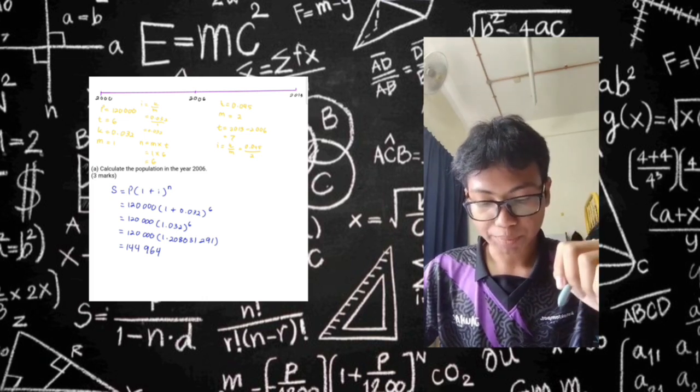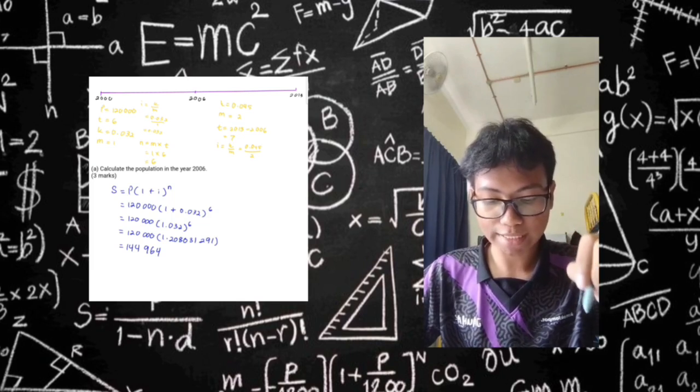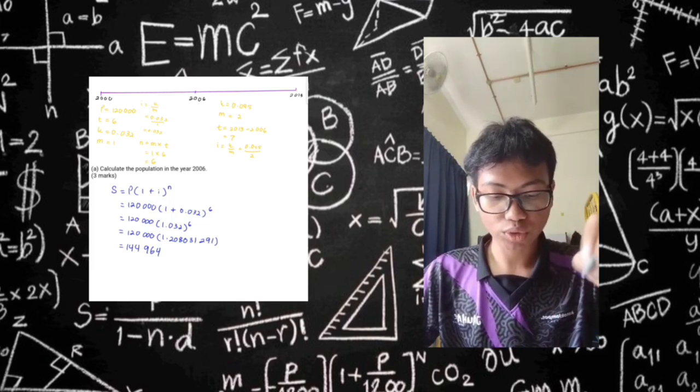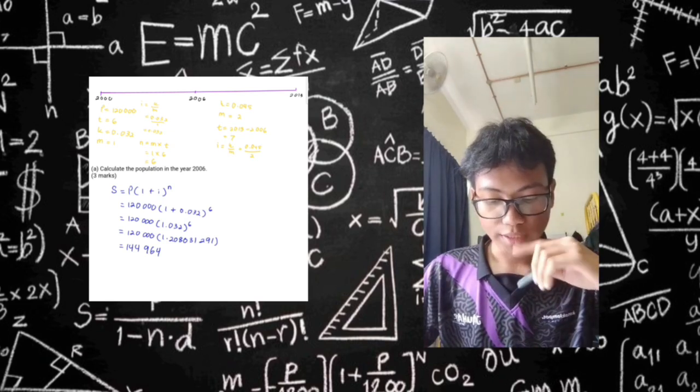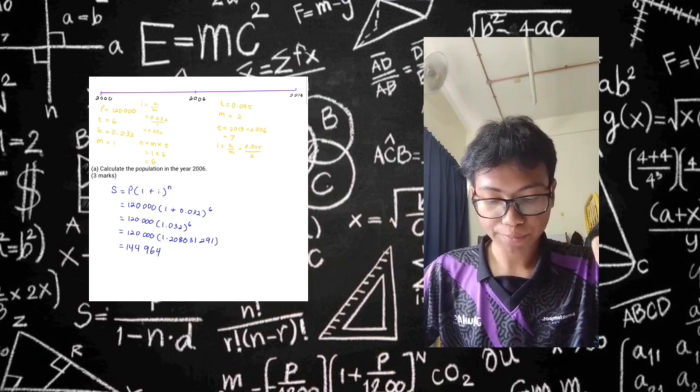Next, starting from 2006 onward, due to a development project, the growth rate increased to 4.5%. So 2006 till 2013, our K is equal to 0.045, and compounded semi-annually, so our M is 2.